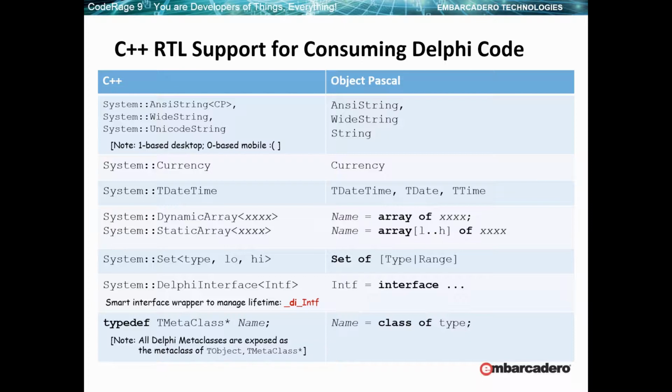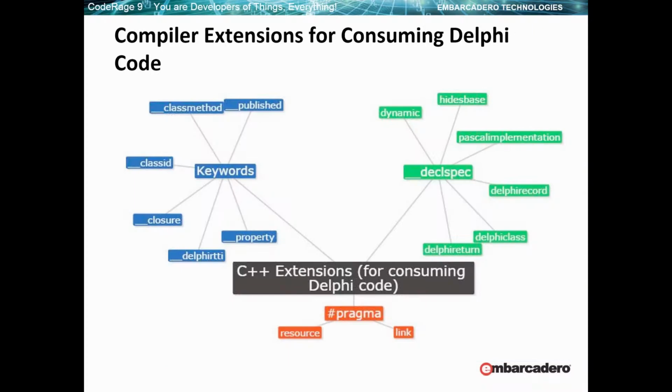I won't go into the compiler magic, but I'll just say that those classes, like AnsiString, WideString, UnicodeString, Currency, TDateTime, also use some of the keywords that I mentioned earlier. In particular, there's one called DelphiReturn. That DelphiReturn keyword tells the compiler, you're going to pass this parameter, this type, and you're going to return it the way Delphi does, not the way C++ does.